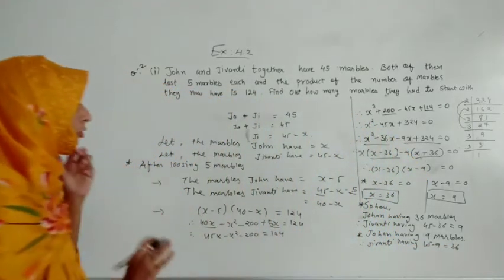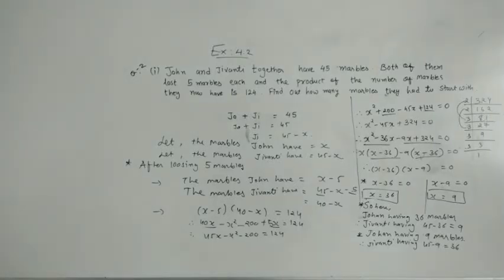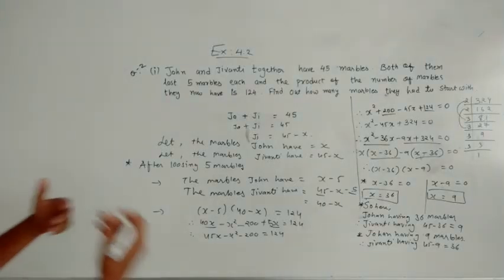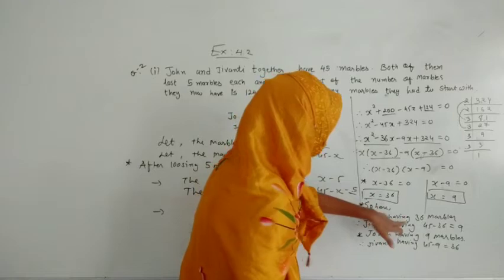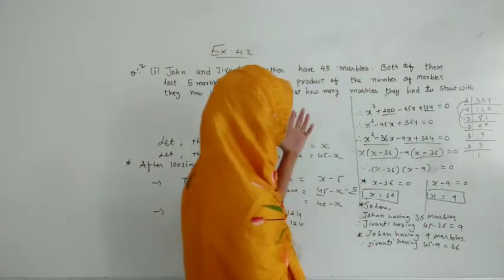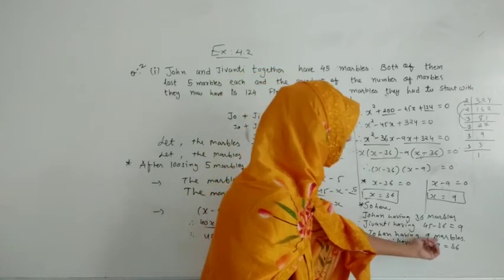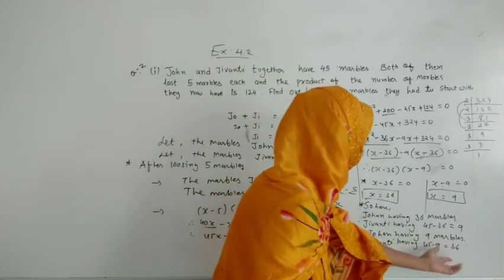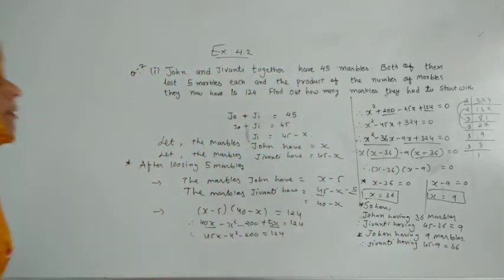I hope you understood the concept. It comes in inverse form: if John has 36 marbles, Jivanti has 9 left, and if we substitute the value of the other statement, if John has 9 marbles, Jivanti will have 36 marbles.